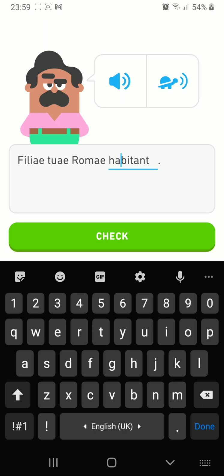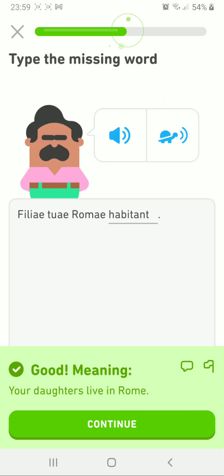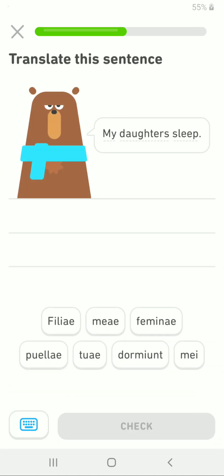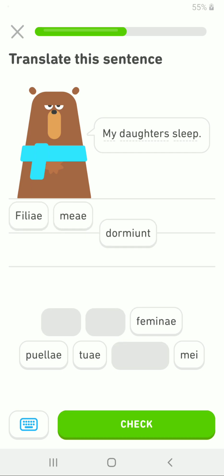Filiae, it's your daughters. Your daughters live in Rome. So your daughters live in Rome, and you have my daughters sleep. So how would you say this? Filiae meae dormiunt.